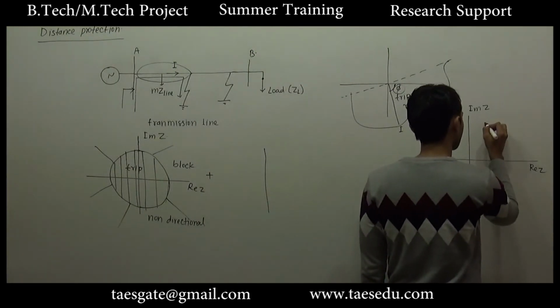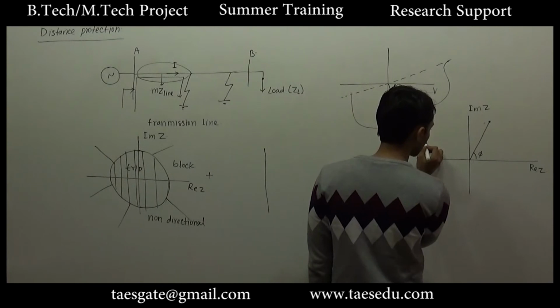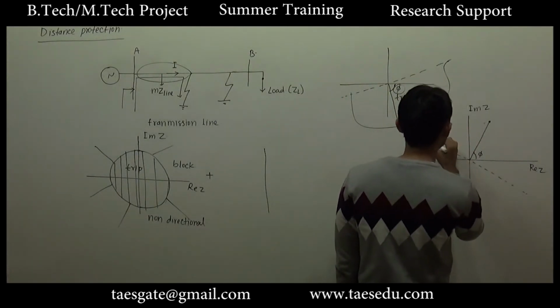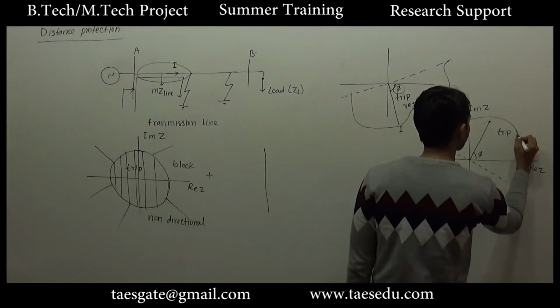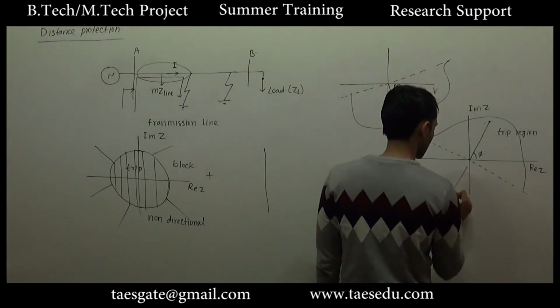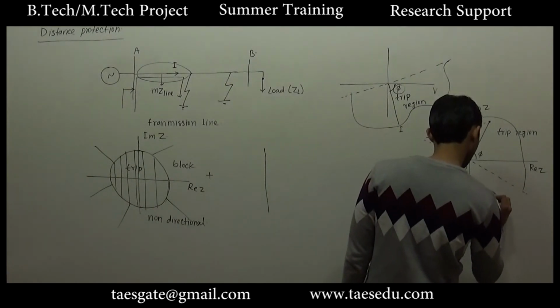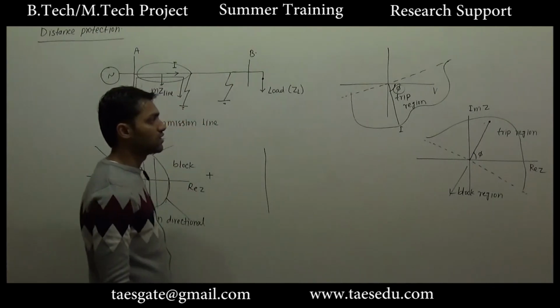So this will be phi. Draw a perpendicular to it. This will give you the trip region, and this is the block region. So this is the impedance characteristic of a directional relay.